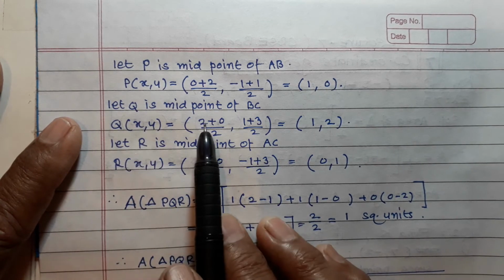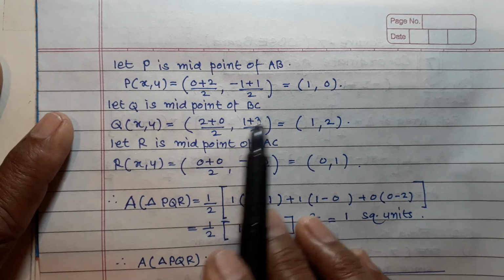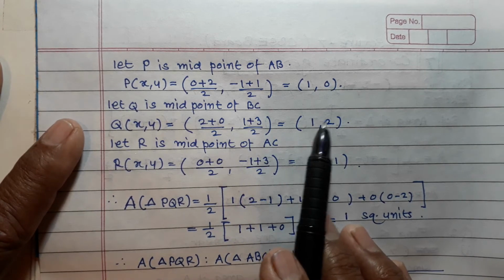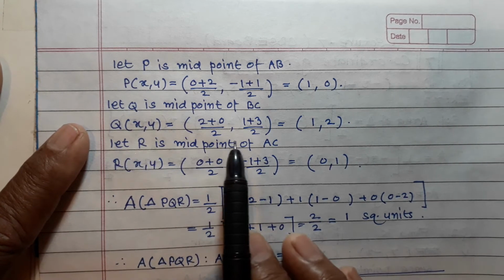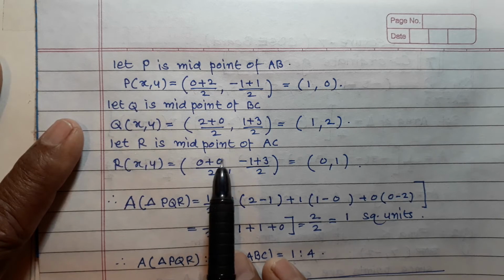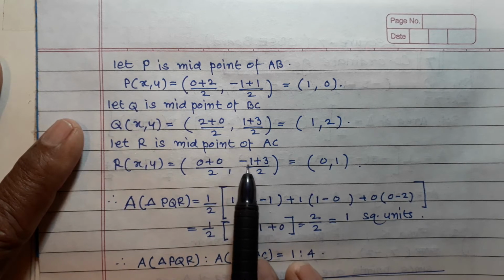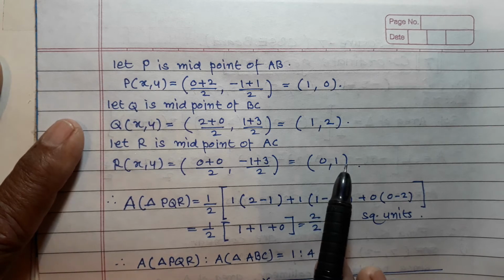So Q is equal to 2 plus 0 upon 2, 1 plus 3 upon 2, which gives you 1, 2. And R is the midpoint of AC. R x, y is equal to 0 plus 0 upon 2, minus 1 plus 3 upon 2, which gives you 0, 1.